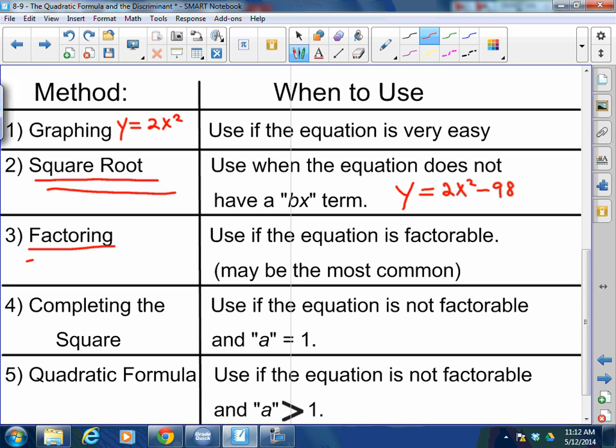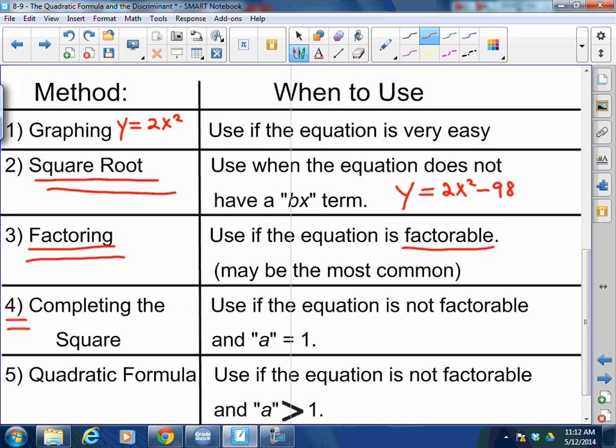Factoring. Use factoring if the equation is factorable. Okay? This may be the most common. You could usually factor most quadratics that they're going to give you. Remember the Cuban method for that, okay? Don't forget that. Now, completing the square, you'll talk about completing the square in Algebra II.